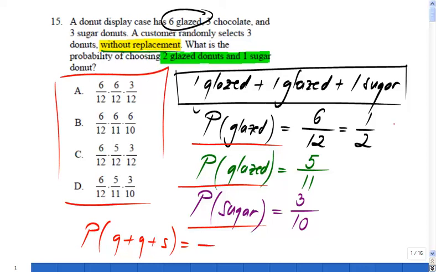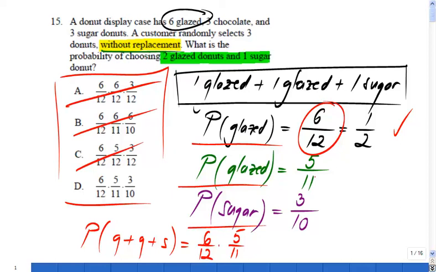Well, I shouldn't probably simplify this one, right? Because if you're looking at your possible answers, each one of them starts with 6/12, right? So the first one, 6/12, which we know is 1/2. The second one will be 5/11, right? And this allows me to eliminate A and B, right?